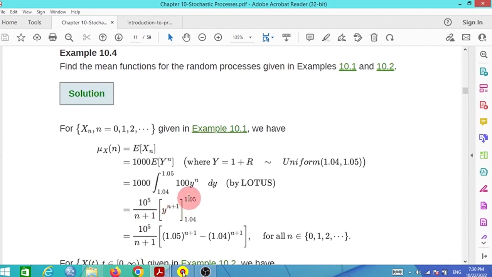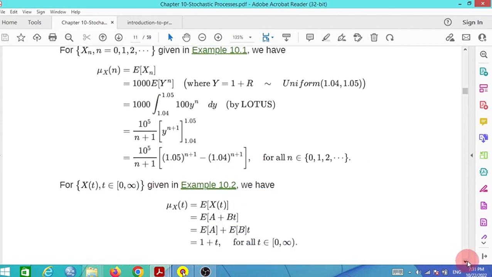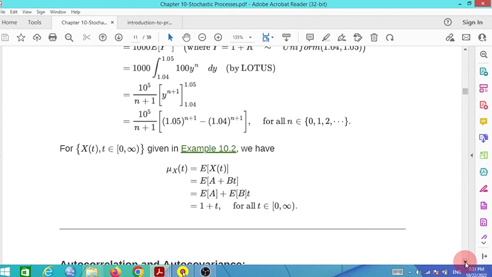So for the upper bound and lower bound of the integral, one time replace this minus, one time replace this, and calculate. For simplicity, this is a function of n, this is a function of t, which in this example is denoted by n. This is the mean function.